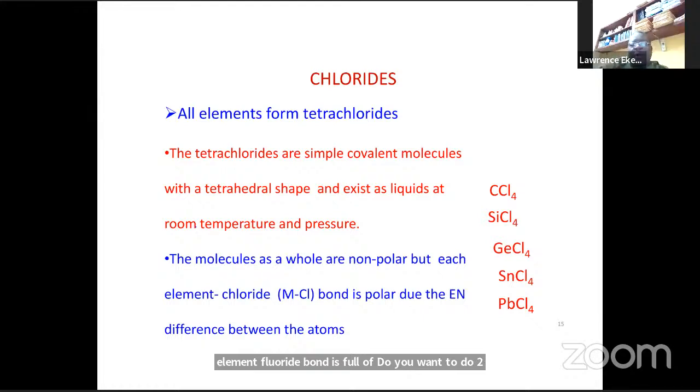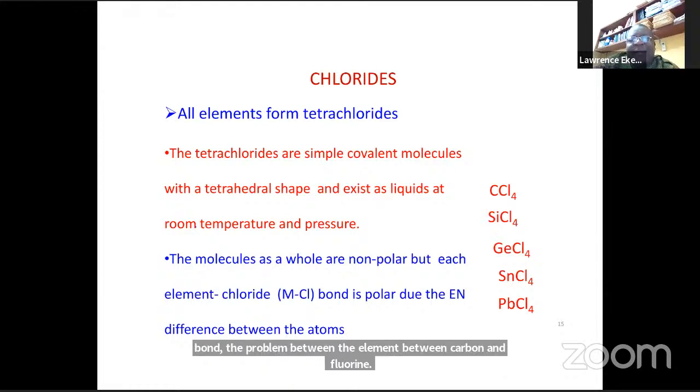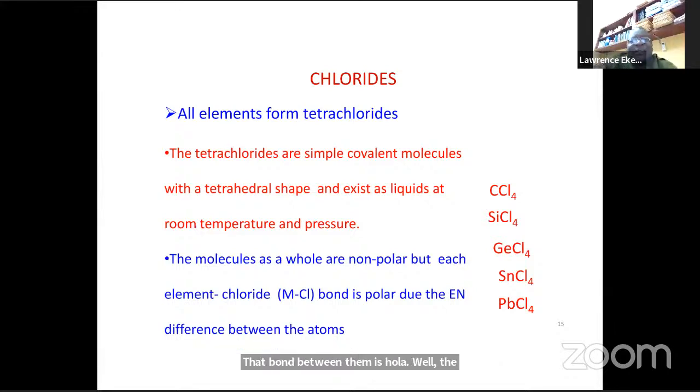The molecule as a whole is non-polar, but each element-chlorine bond, for example the bond between carbon and chlorine, is polar, while the entire structure is not polar. Why is the bond between carbon and chlorine polar?